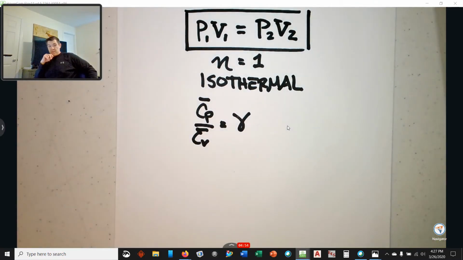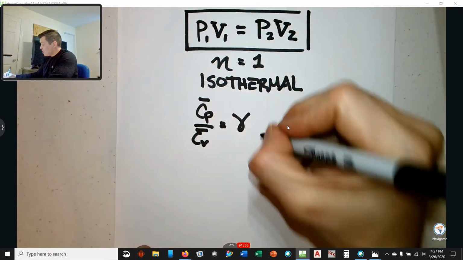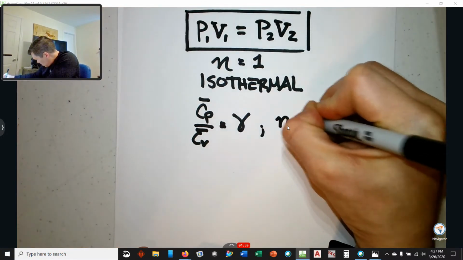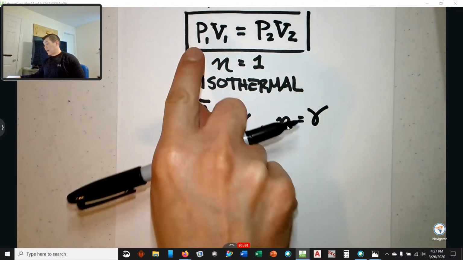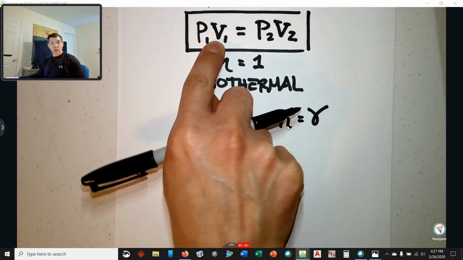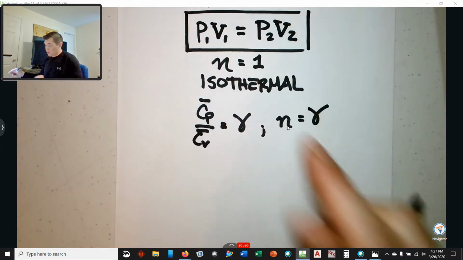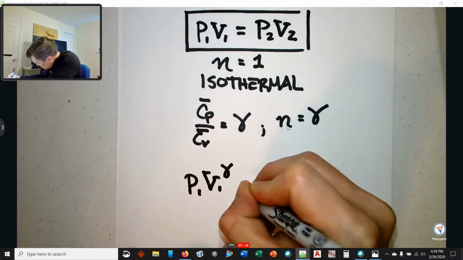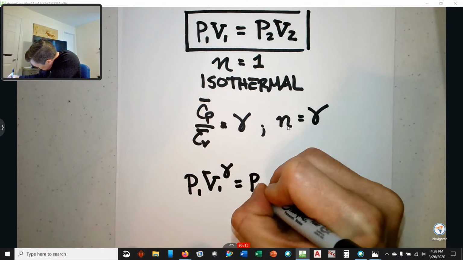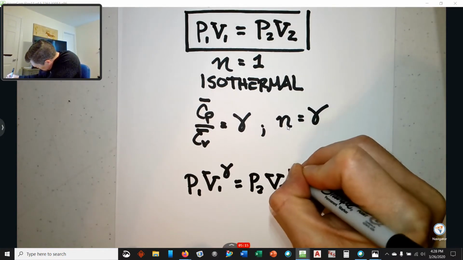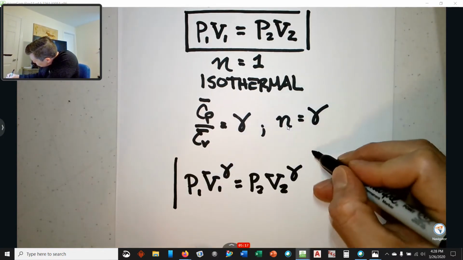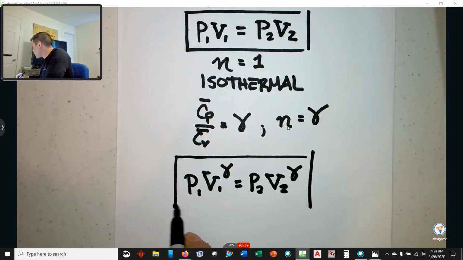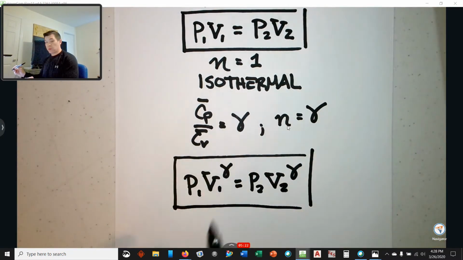If n equals gamma, we have P1 V1 to the gamma equals P2 V2 to the gamma. This is for an adiabatic process. So if n equals 1, we're isothermal. If n equals gamma, we're adiabatic.